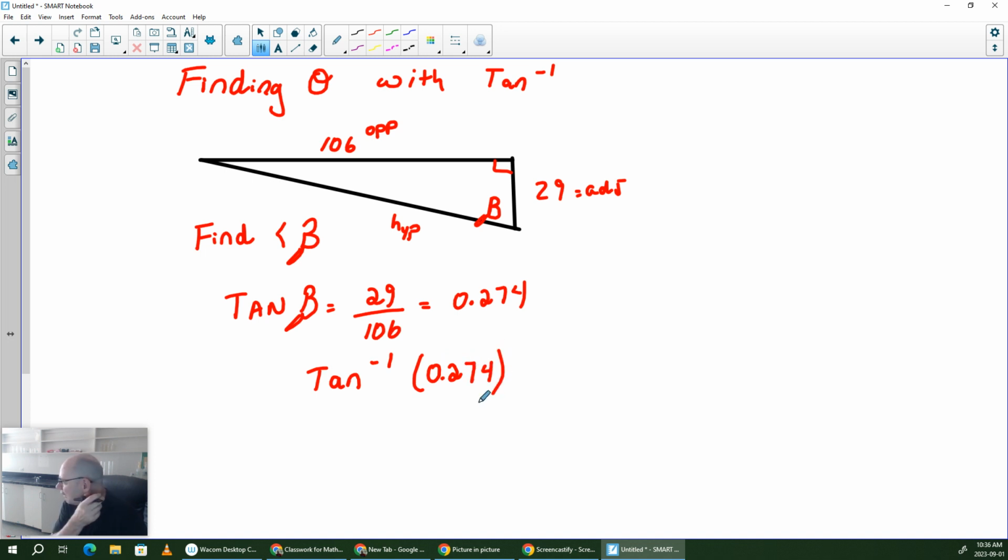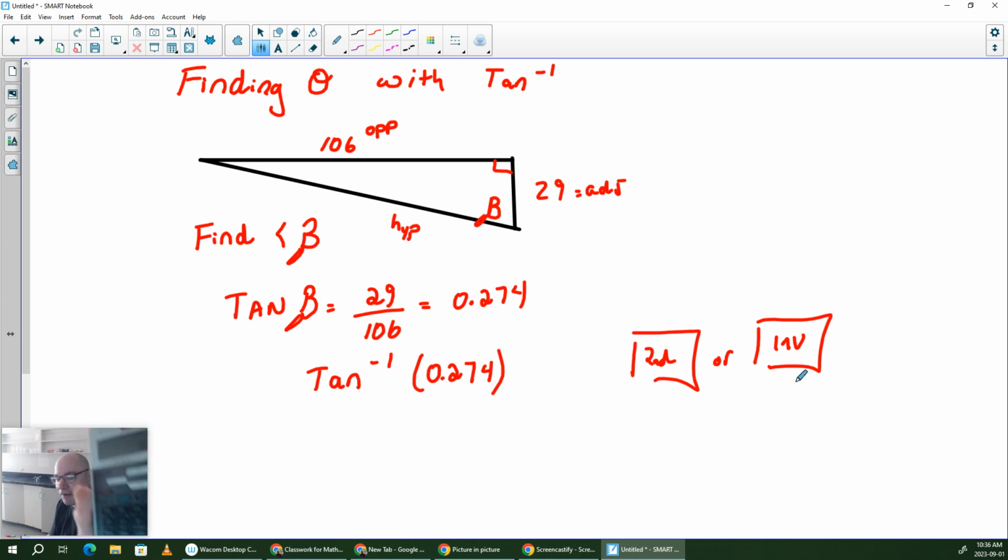Okay, if you have a forward bigger calculator, you just have that decimal number on there. And then you type in your inverse button or your second function, depending on what your calculator calls it.